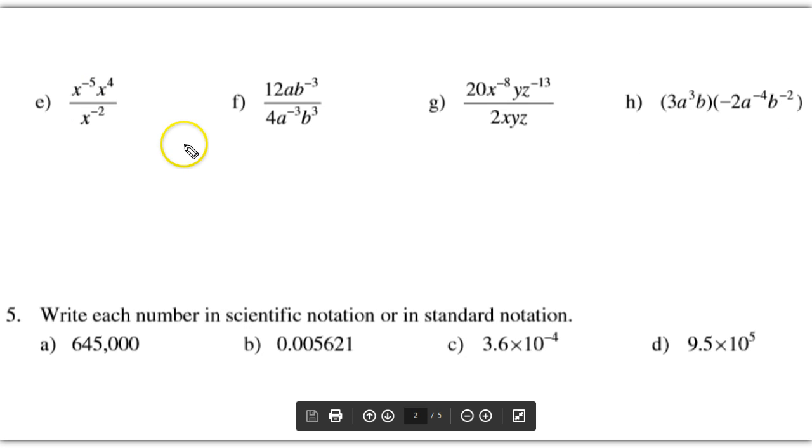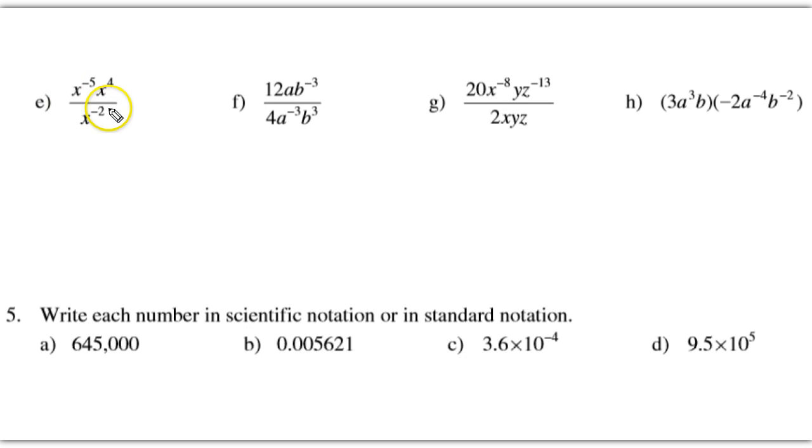Now, the rule generally is to keep your exponents positive. So we can do a little simplification here. If I add a negative 5 and a 4, I get x to the negative 1 up there. And if I take my exponent from the denominator now and move it up, it's going to become a positive 2.